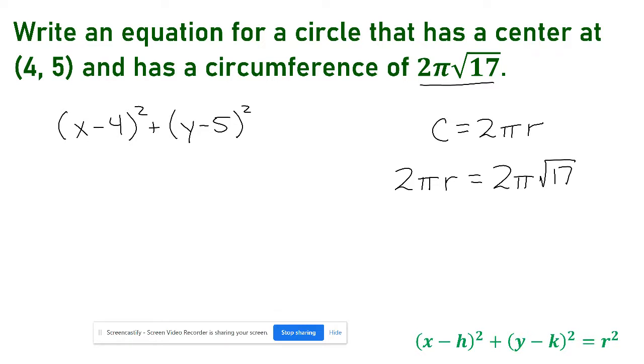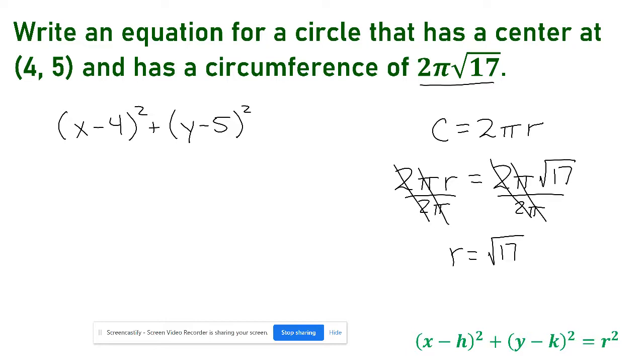And this one works out really nicely because you can see you have a 2 pi on both sides. You can divide that out. And what you're left with is r equals the square root of 17. So your radius here is the square root of 17.